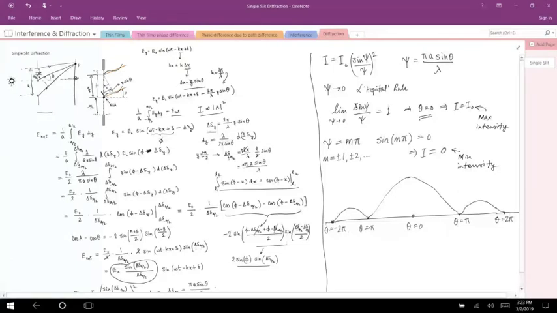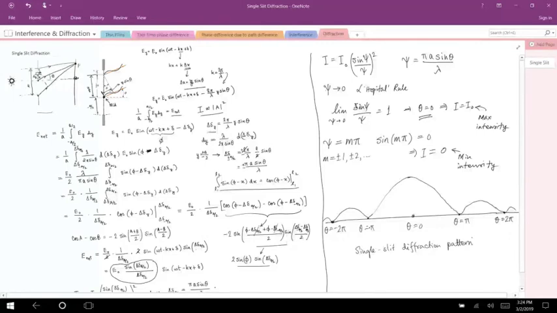And this is what a single slit diffraction pattern looks like. As we go on and on with higher and higher values of theta, the curve will continue to have further minimas and maximas, and the maximas will slowly decrease in size.